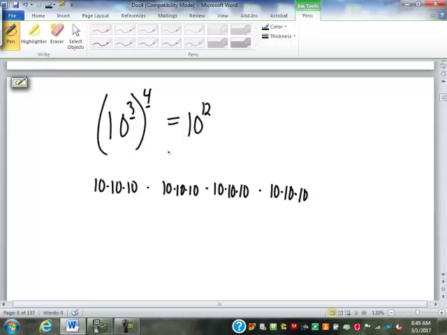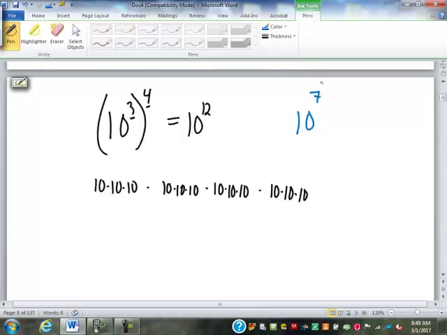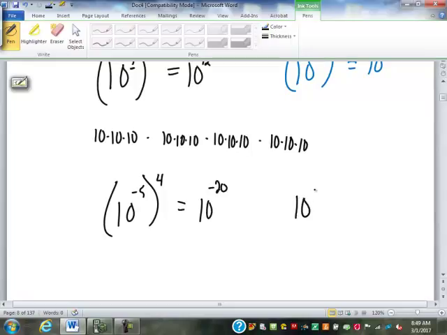When you have an exponent raised to another power, you multiply the powers. So 10 to the 7th to the power of 10 is 10 to the 70th. 10 to the negative 5th to the power of 4, 10 to the negative 20th. 10 to the negative 8th to the power of negative 6 is 10 to the 48th.